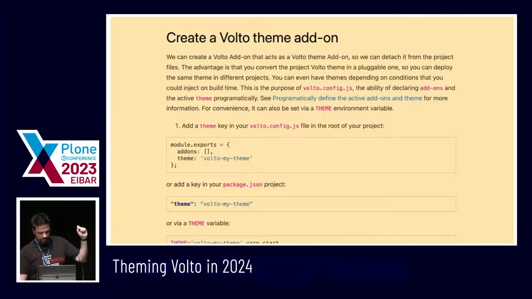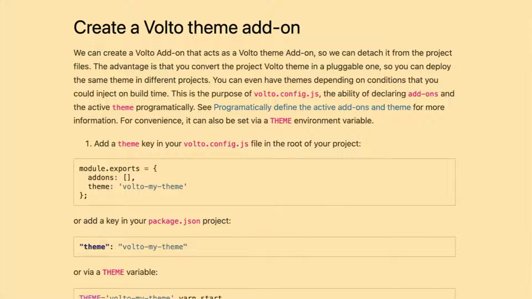This is how the actual theme add-on page looks like. I realized I didn't put any breadcrumbs or stuff in there, so you go into the documentation front end and Volto add-ons, and there's a page about theming in there. And it starts like this, and it's long, and I didn't want to put it up all in a screenshot. So I'm going to show you in a few steps what this means, and it's actually very simple.